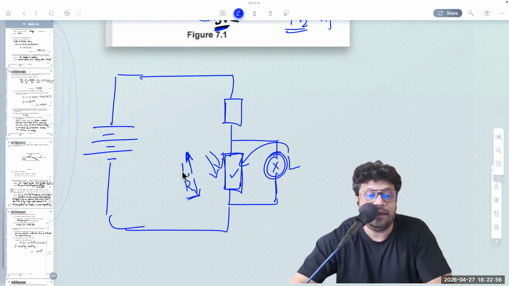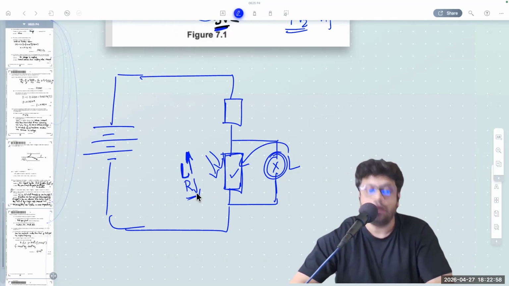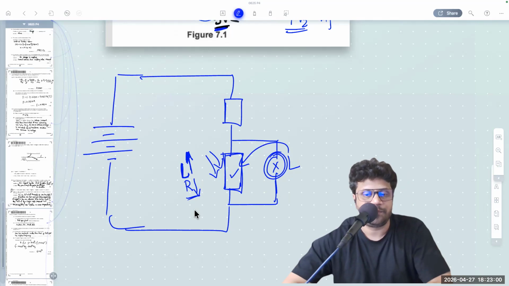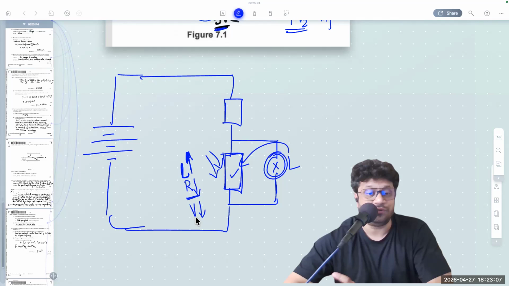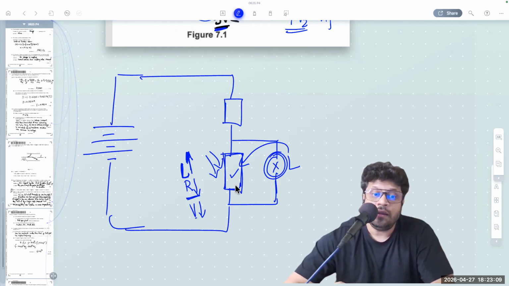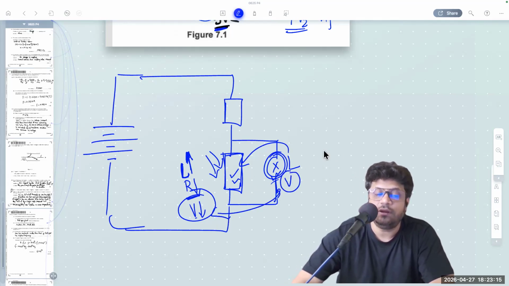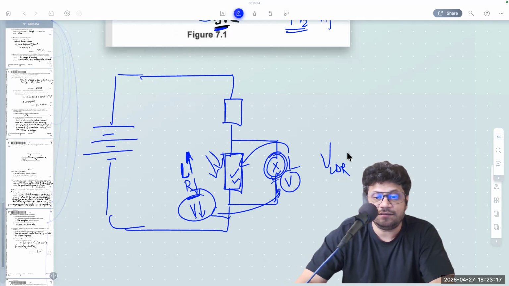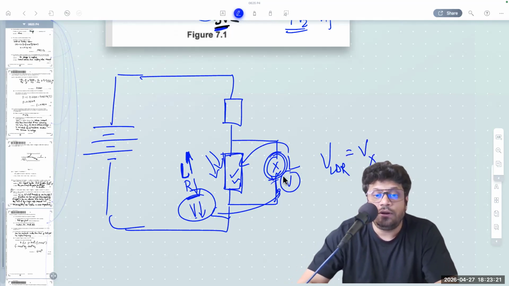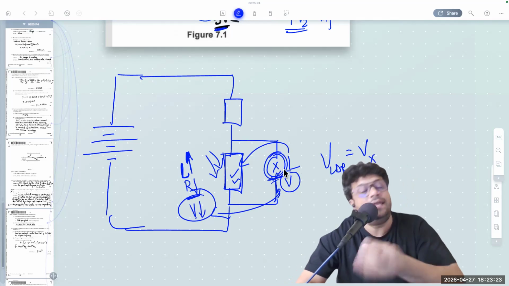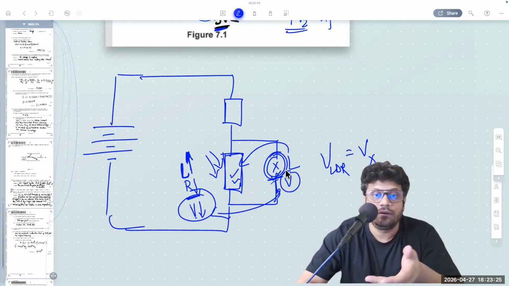I'll say it again. Light intensity increases, so resistance drops, so the voltage share will also reduce. Since these two are in parallel, the voltage across the LDR is the same as the voltage across the lamp. So the lamp will actually get dimmer or it will turn off.